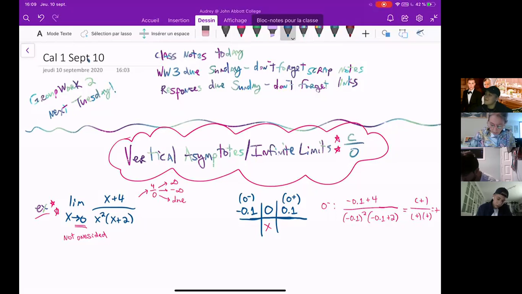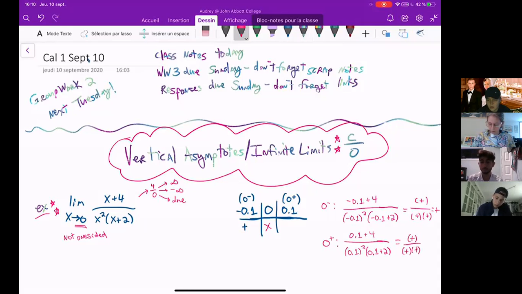So I'm going to put my little plus sign here. And now I'm going to do the same thing with 0 from the right: 0.1 plus 4, 0.1 squared, 0.1 plus 2. And in this case, again, each of those separate parts is clearly positive. What does that positive mean?